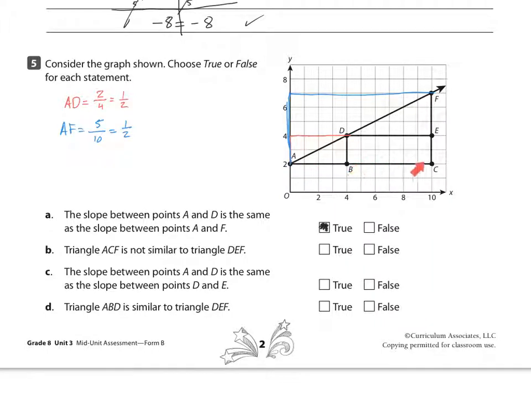So if they are proportional, they're going to be similar triangles. That's simple. The triangles are similar, and the question is saying not similar. So that's going to be a false statement because the triangles in fact are similar. So this is false.